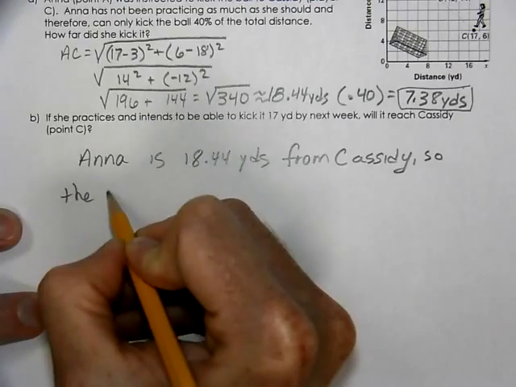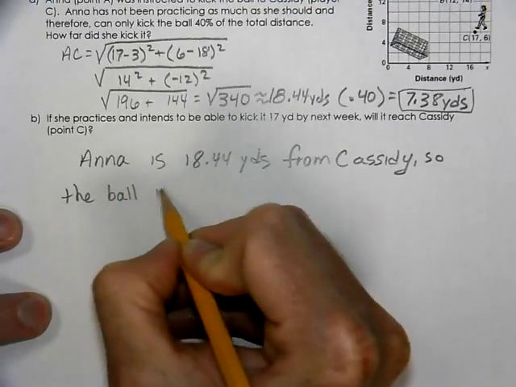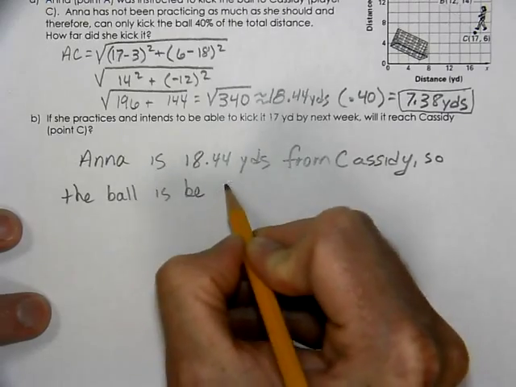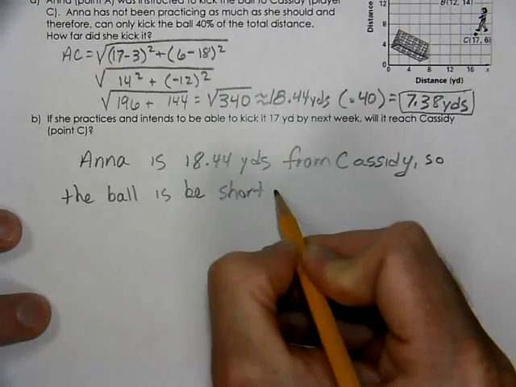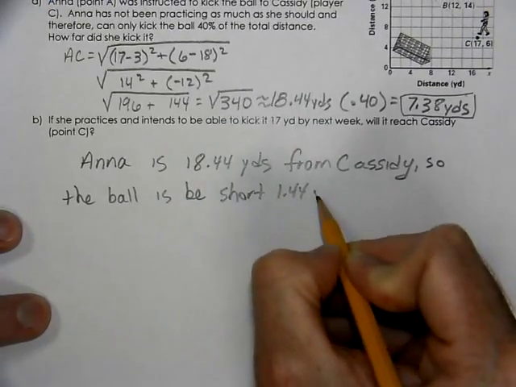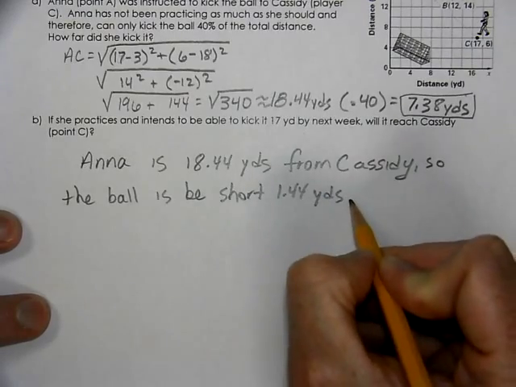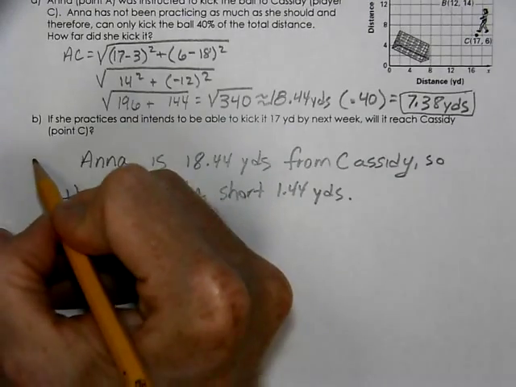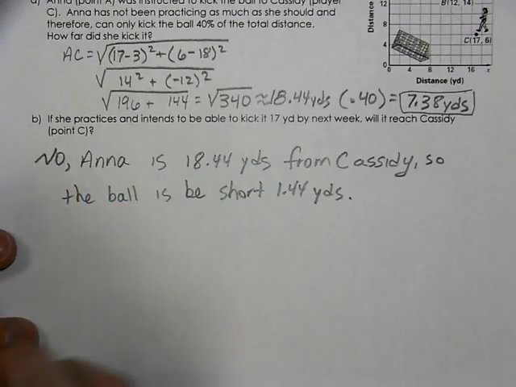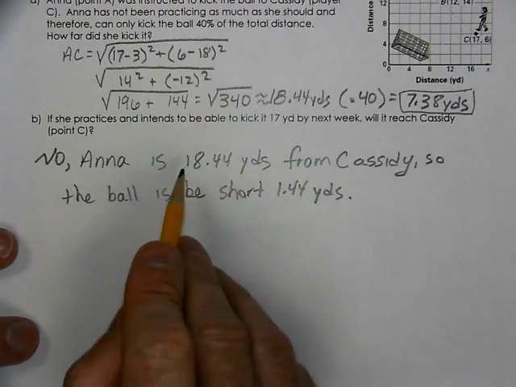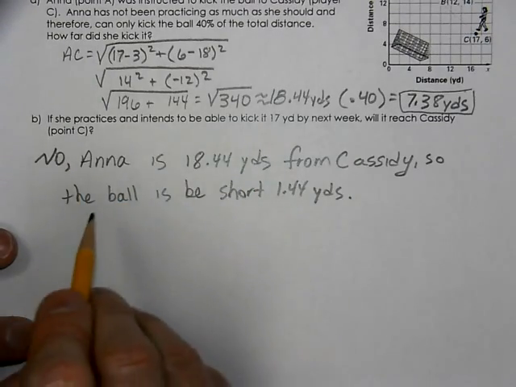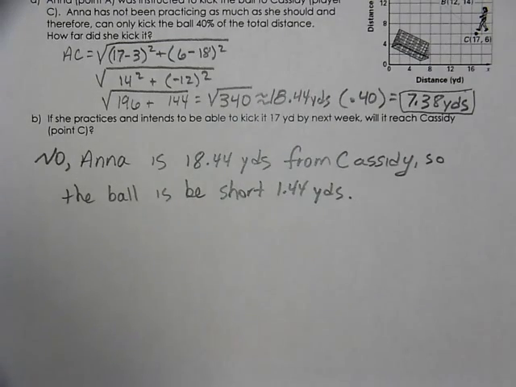So the ball will be short 1.44 yards. So we could say no and give our explanation. Anna is 18 yards from Cassidy. The ball will be not quite there.